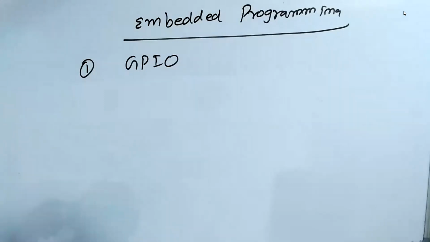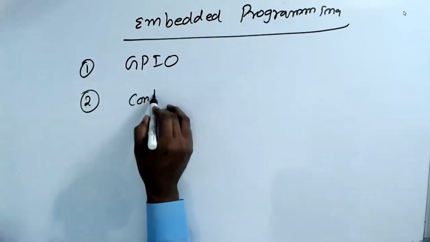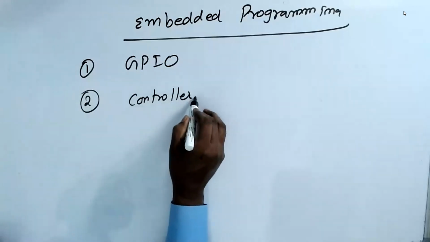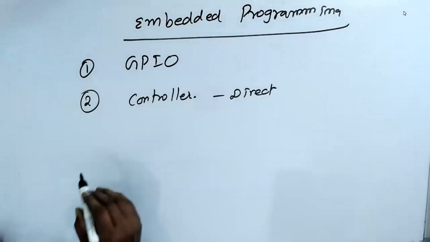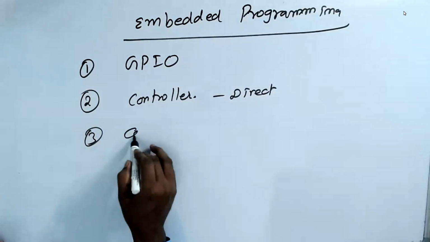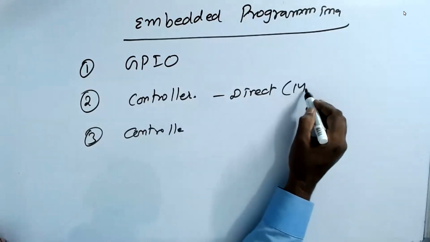The second step is controller, direct, and direct means memory map.